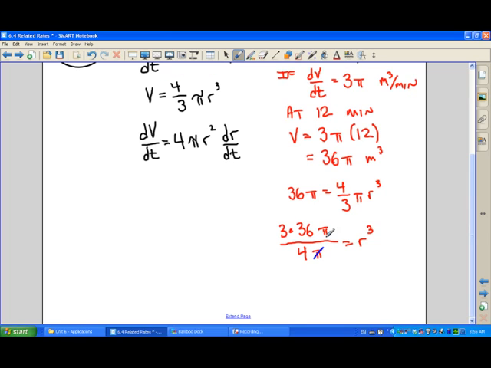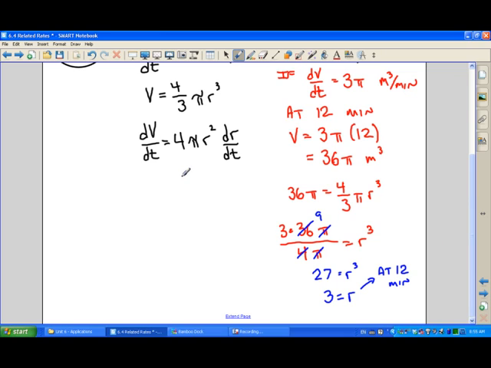Some terms will cancel. So I'm left with 27 equals r cubed. And if I take the cube root of both sides, the radius is equal to 3 meters at the 12-minute mark.